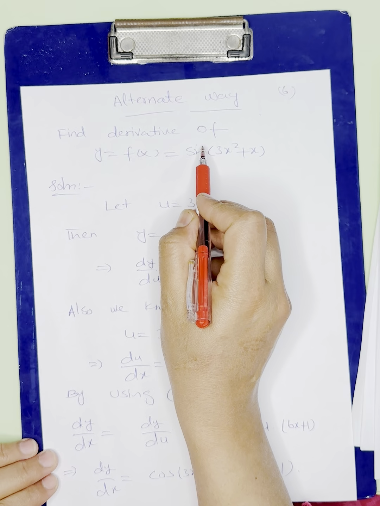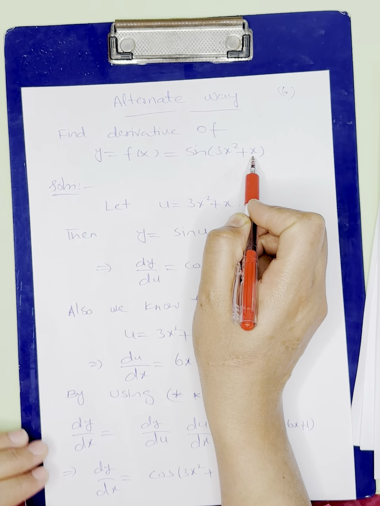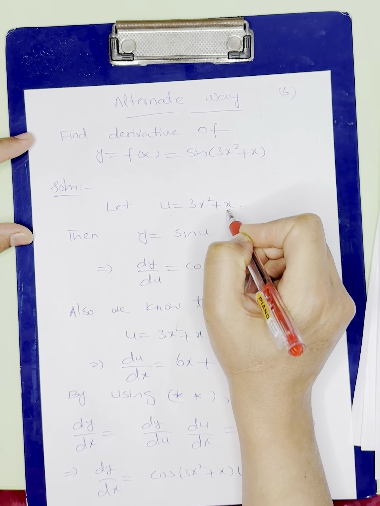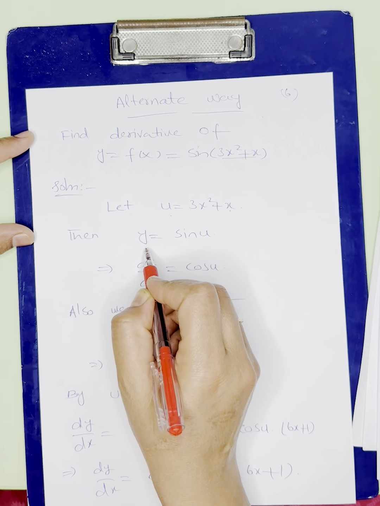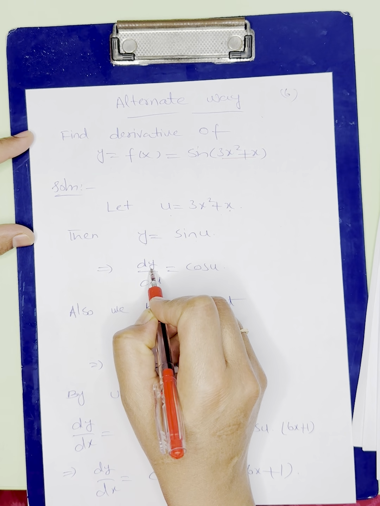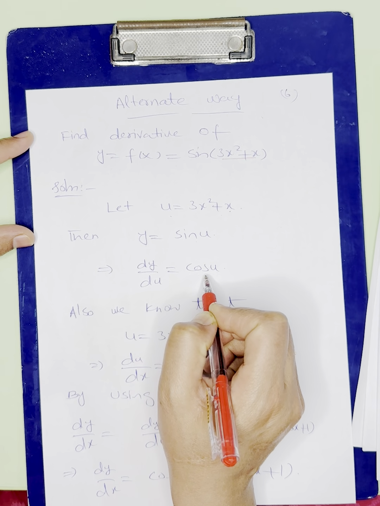Alternate way, find the derivative of y is equal to f of x is equal to sine of 3x square plus x. Let u is equal to 3x square plus x. In this case, we are assuming that the inside function is equal to u. Then y would become sine u. Derivative of y with respect to u is equal to cos u.